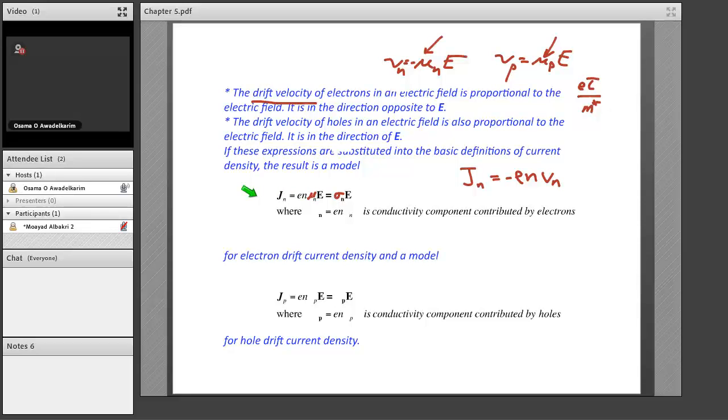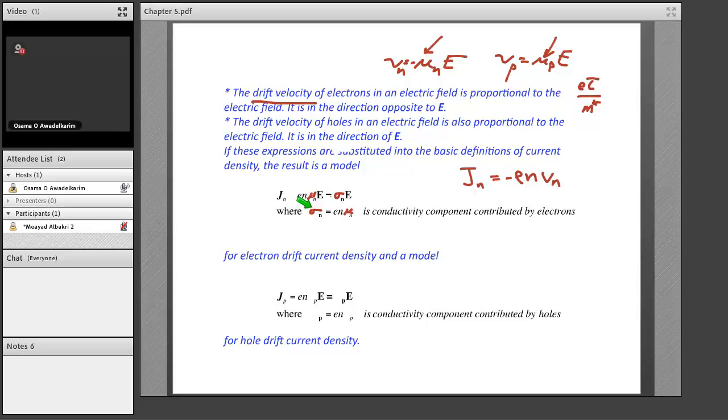So now what I did is I used this sigma sub n, n for electrons, and I wrote it instead of e times n times mu n. So this sigma n, which is the electronic charge e times the density of free electrons n times mu n, is conductivity, the conductivity component contributed by electrons.